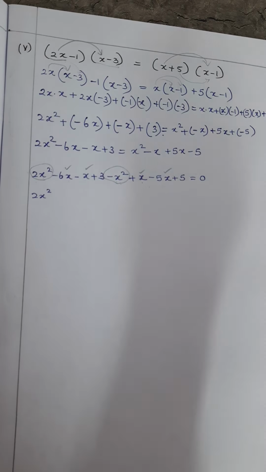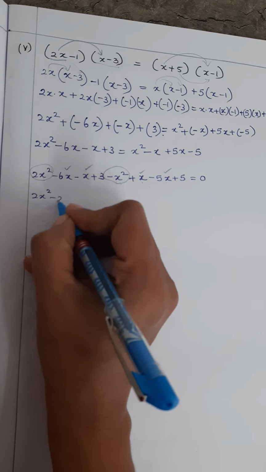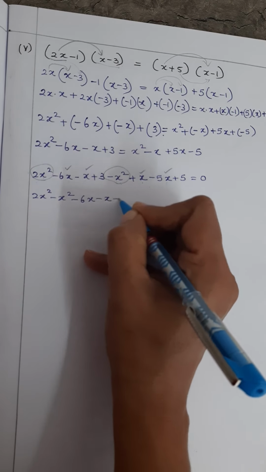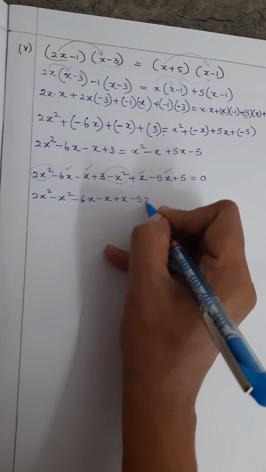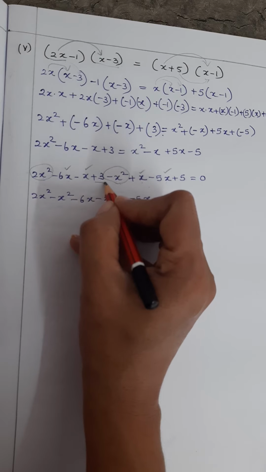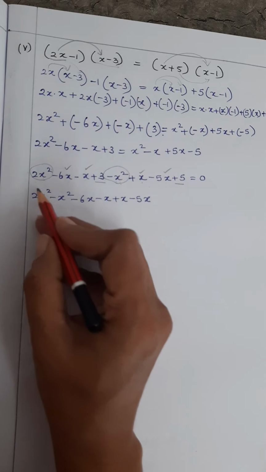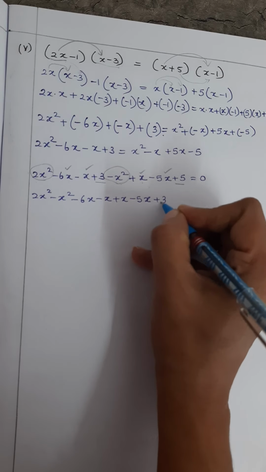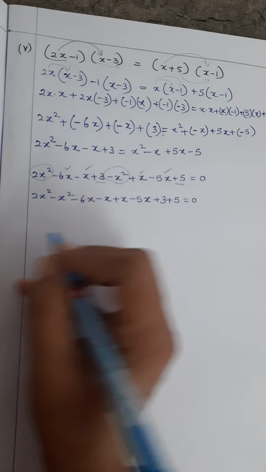All right, so 2x square minus x square, and then what do we have? Minus 6x minus x plus x minus 5x, and what are the remaining terms? Constants. Okay, plus 3 and then plus 5. So we have taken all of it. All right, plus 3 plus 5 equal to 0.